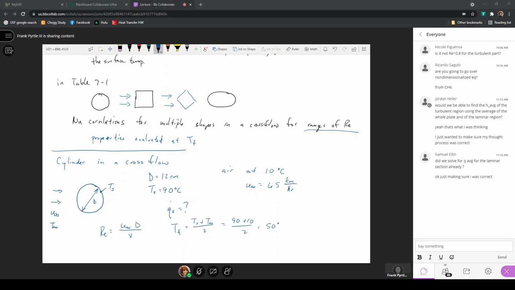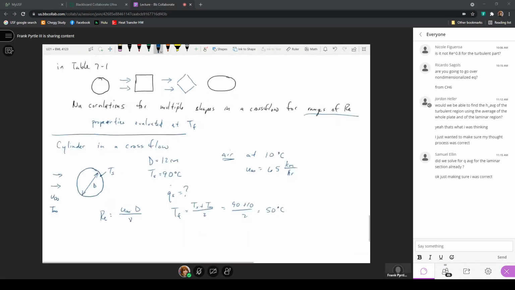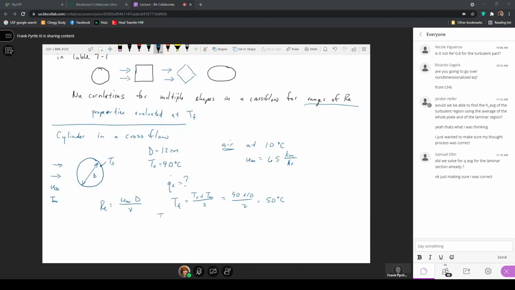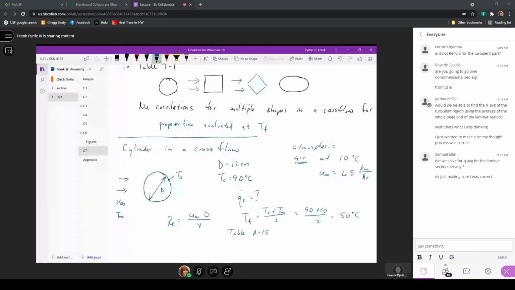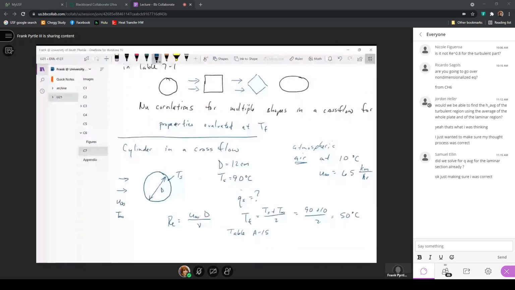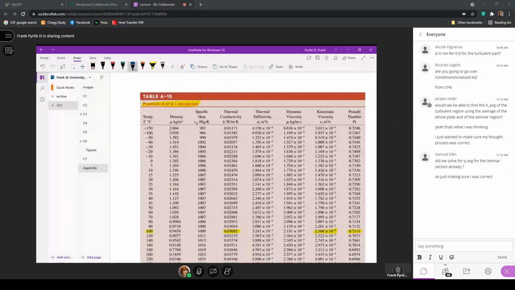This 50 degrees is the temperature at which we would evaluate all of the properties for the air, so that we can go to the table for air. This is atmospheric air, just to make it very specific so we're in the right tables. This is table A-15.